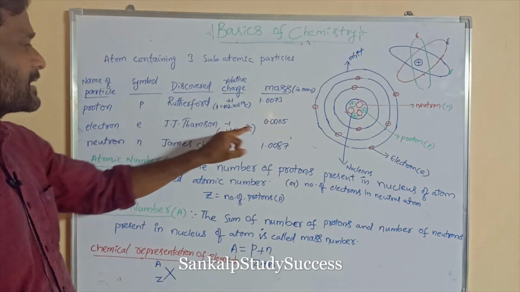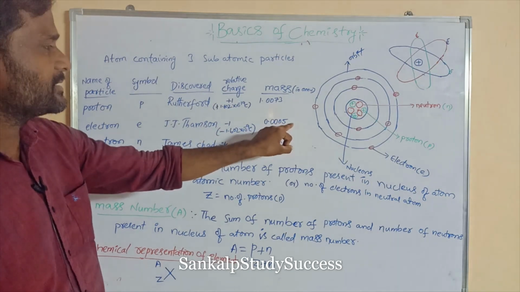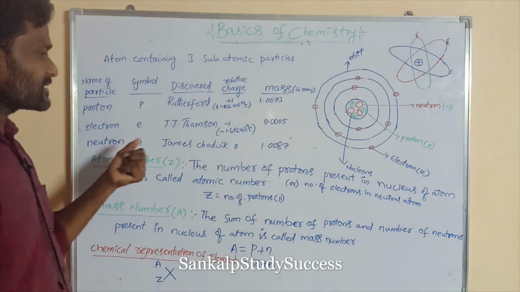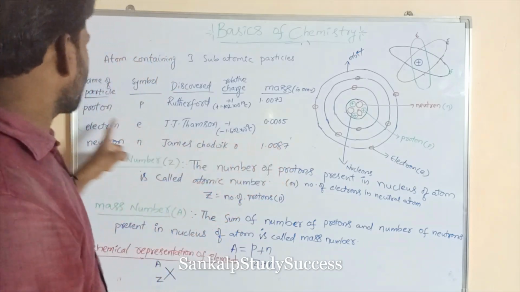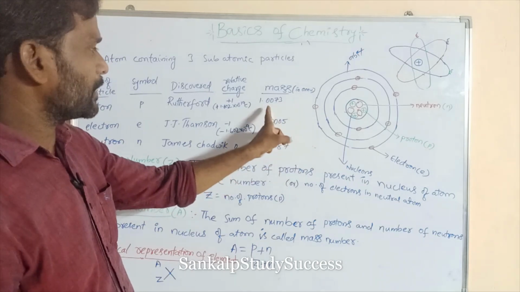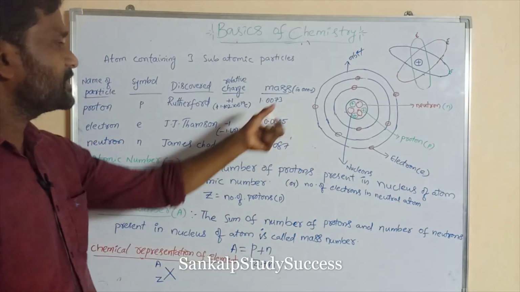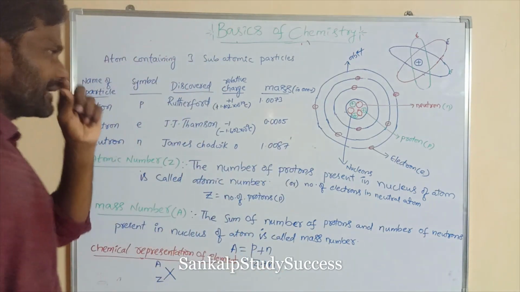The mass of the neutron is 1.0087 AMU. The masses of proton and neutron are approximately equal, 1.007 and 1.008.